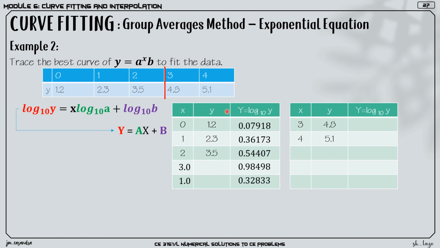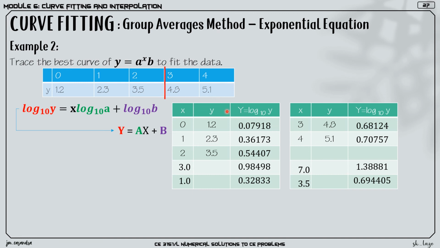Then for the second half, composed of points 3 and 4, we compute the modified y, which is now equal to 0.68124 and 0.70757. The sum of x is 7, its average is 3.5. The sum of the modified y is 1.38881, and its average is 0.694405.